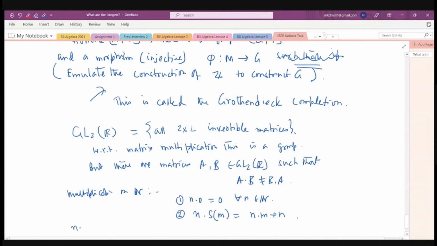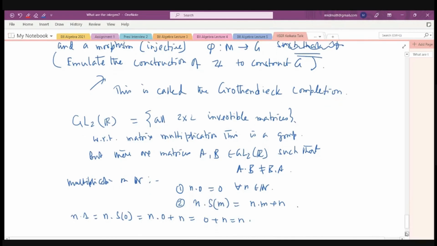Like n times 1 is equal to n times s of 0, which is n times 0 plus n, that is 0 plus n, which equals n. Similarly, you can do n times 2, etc.